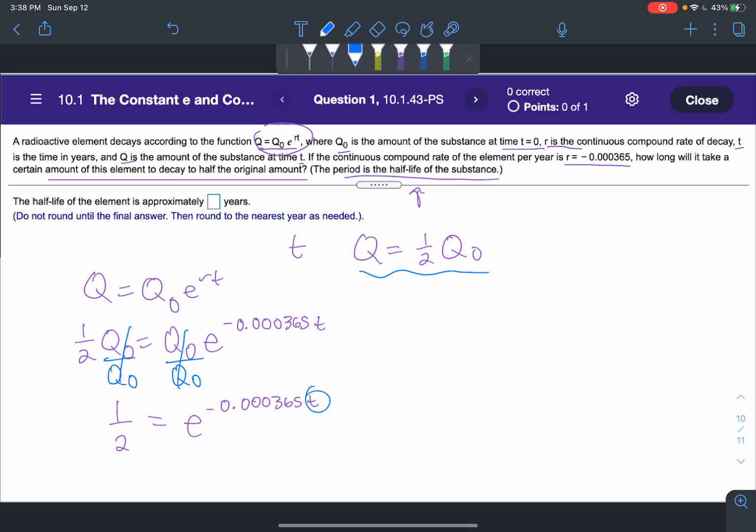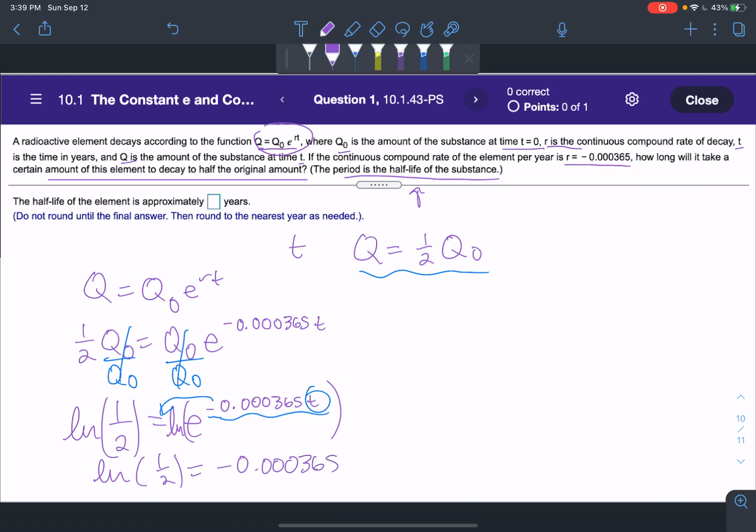To isolate it, let's do that natural log trick. Whatever you do to one side, you have to do to both. Then I'm going to pull this power down, take the negative with it. So I get natural log of 1/2 is equal to negative 0.000365 T natural log of e. What is the natural log of e? That's 1.